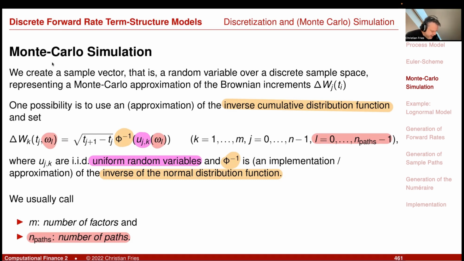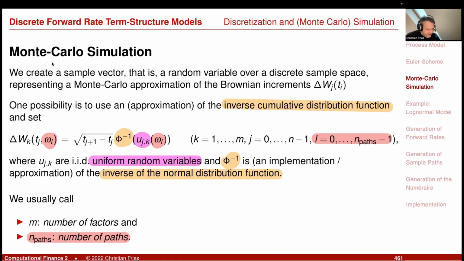So you have m different entries in your vector of the Brownian increments, but each increment at each time step is also independent. So I have here n time steps. It's n time steps and n plus 1 time discretization points. So you can think of this as being a huge vector of m times n elements.